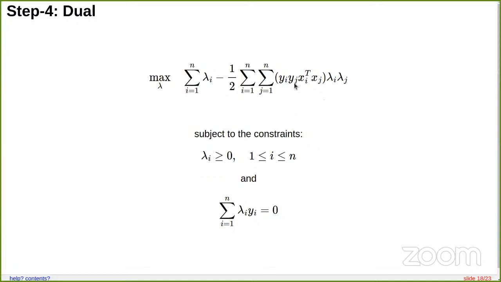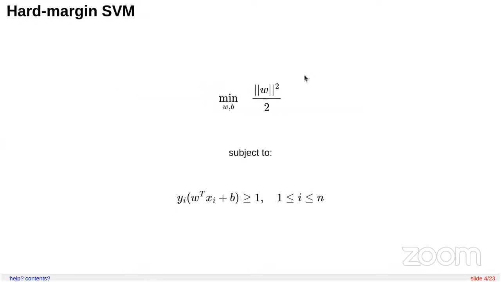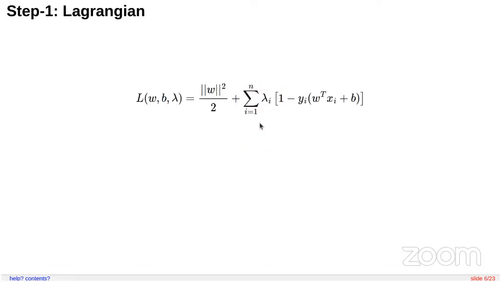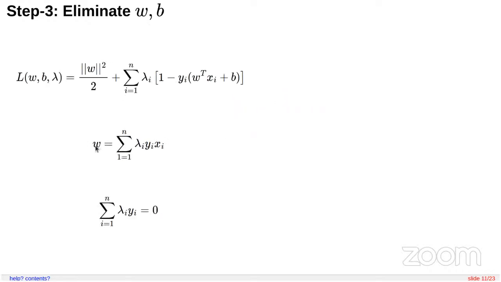So could you just show the primal ones? Yeah, so this is what we had. The primal is this, okay? This is in terms of W and B, and we are trying to minimize it. What we did was we first formed the Lagrangian. We set the gradient of the Lagrangian to 0 for W and B. That gave us two equations, where W is this and this is something else.